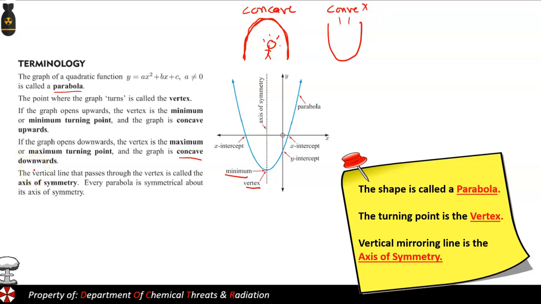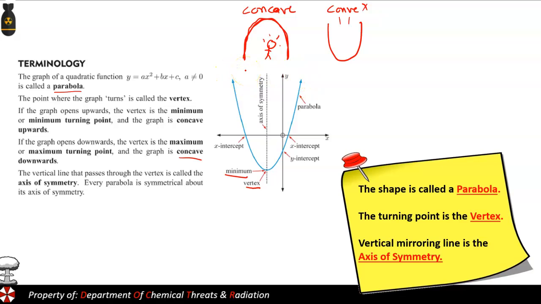The vertical line that passes through the vertex: at the point of the vertex, if we created a vertical line running straight up, we would call that the axis of symmetry. The reason that we call it that is because if we were to fold this picture along that line, it would be identical.